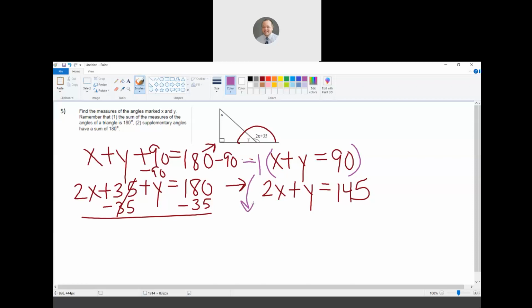The second equation stays like it is, and our first equation is now -x minus 1y, or minus y, equal to -90. Now we can go ahead and cancel out the y's. So when we cancel out the y's and then combine everything that's left, we get x equal to 55 degrees.